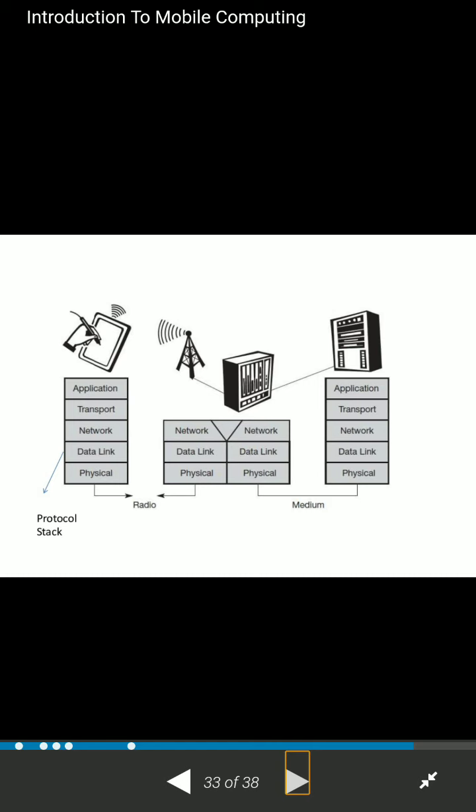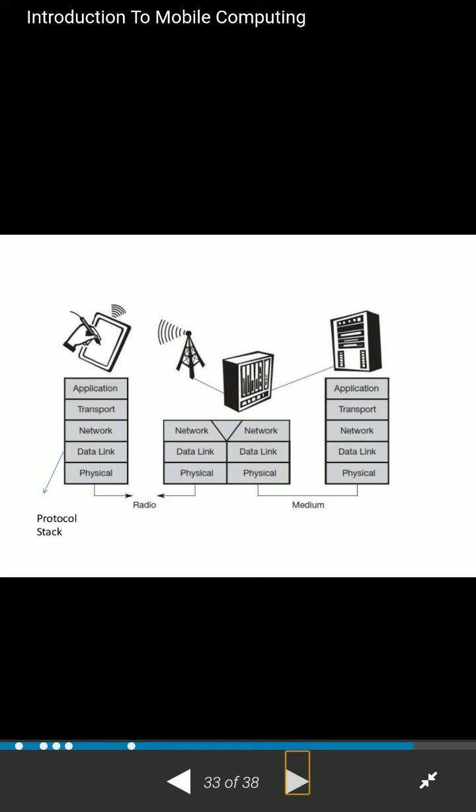The PDA, the personal digital assistant, holds the basic information about your details, your personal identification, where you are presently registered, and from where you are located. This entire information is handed over to the PDA on the receiver side on the right.